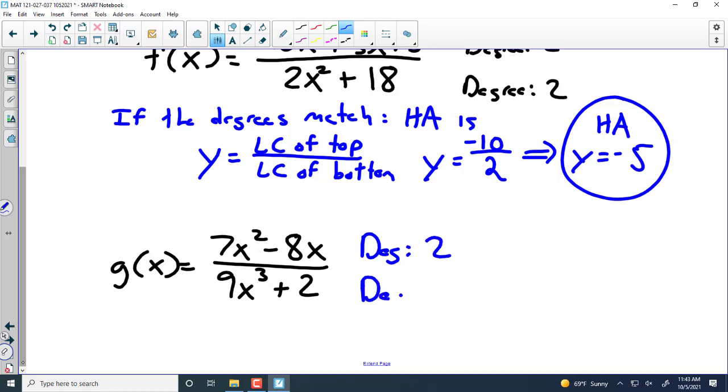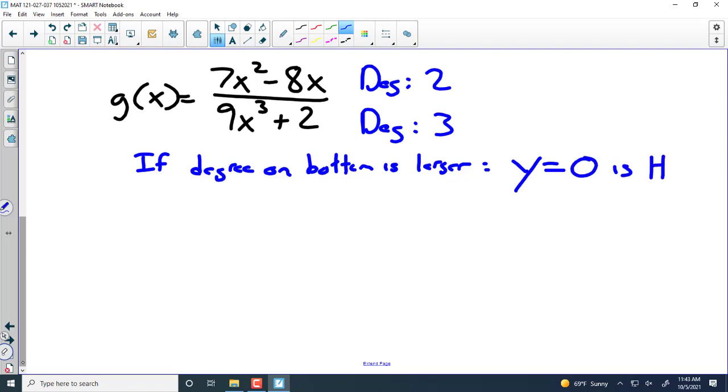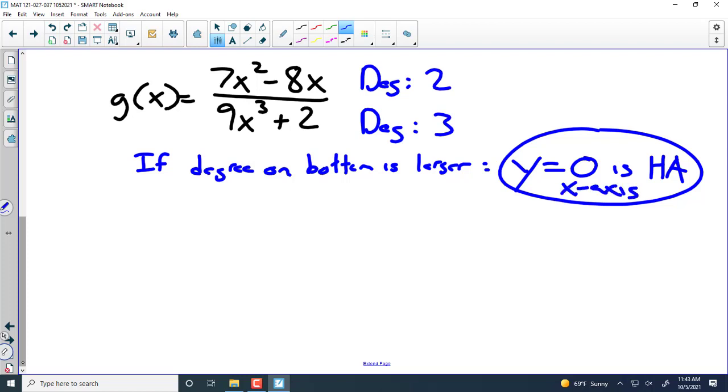If the degree on the bottom is larger, then y equals 0 is your horizontal asymptote. Every time, guaranteed. You don't even need to do any division. You're just done. That's right on top of the x-axis, everyone, but we write y equals 0. We write the equation. If the degree on the bottom is larger, it's just going to be y equals 0 every time.